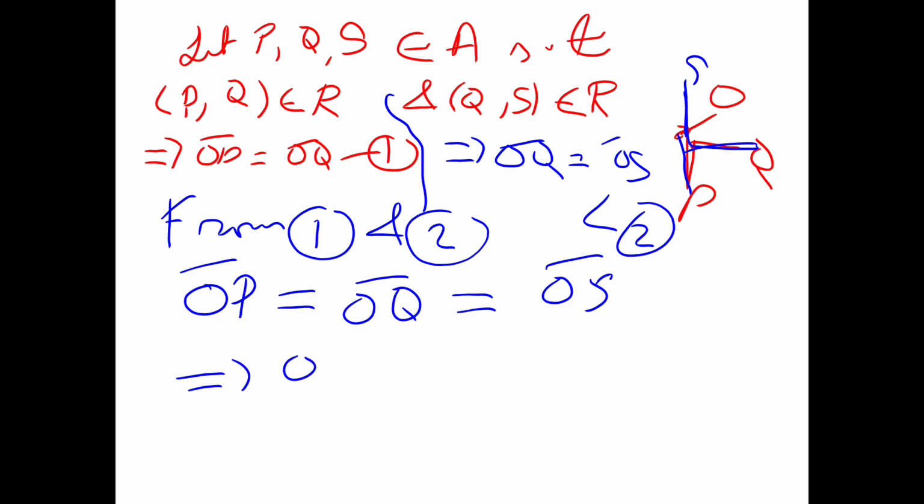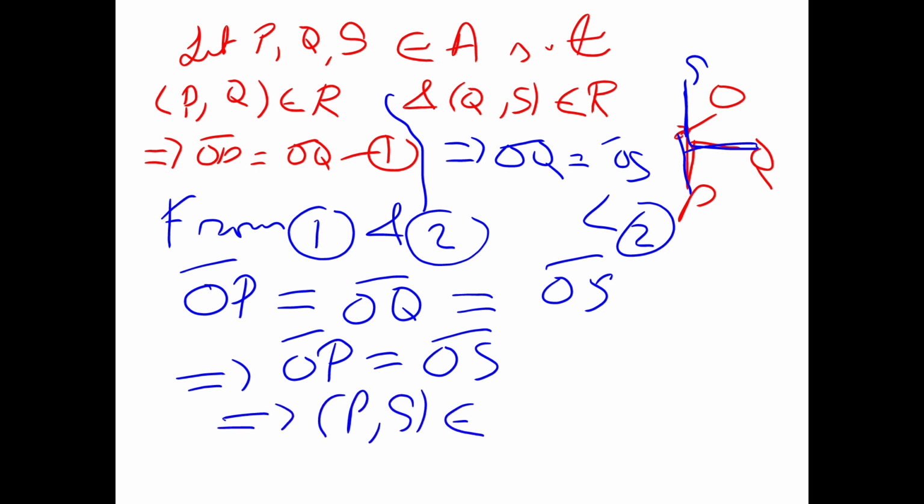This implies distance of point P from origin is equal to distance of point S from origin. That means a relationship holds: P is related to S. First element related to second element related to third element. So obviously first element is related to third element. So R is transitive.